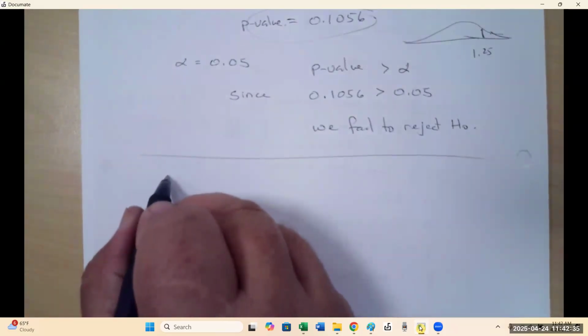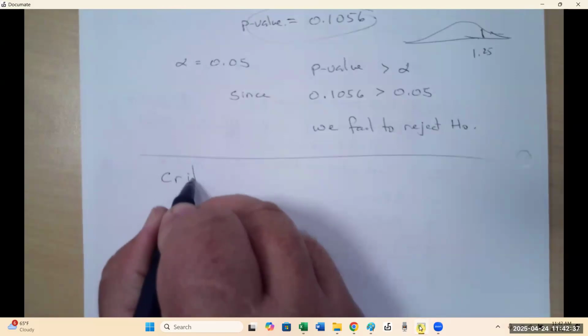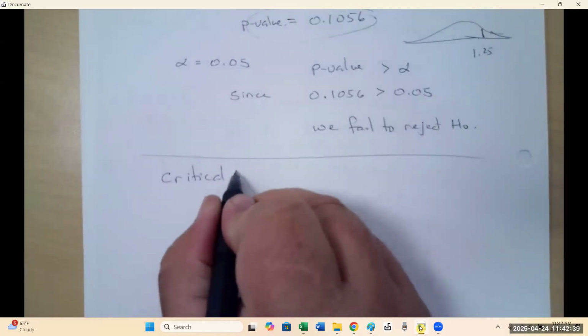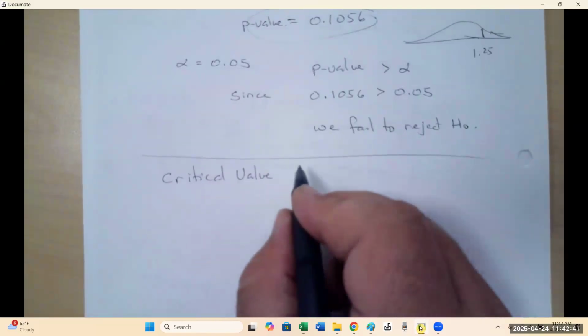What if we did the same thing using the critical value method?